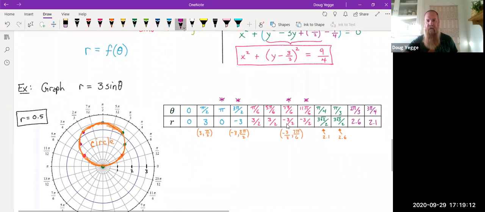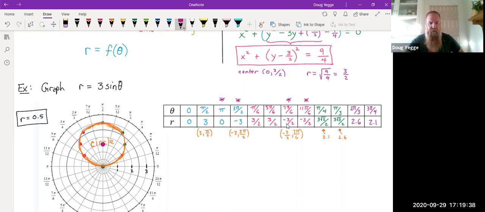If we take a look, this circle has a center of 0, 3/2, which means that I would plot my center at 0, 1.5. The radius is going to be the square root of 9/4, which means that the radius is 3/2.